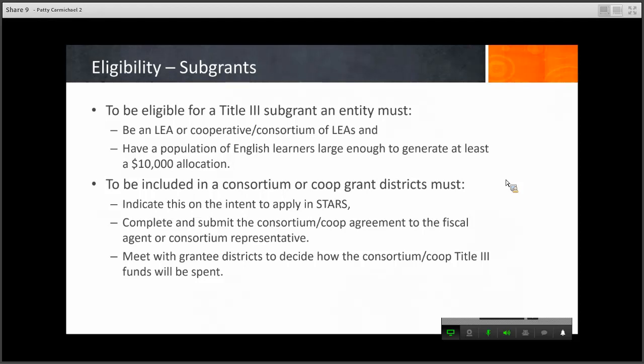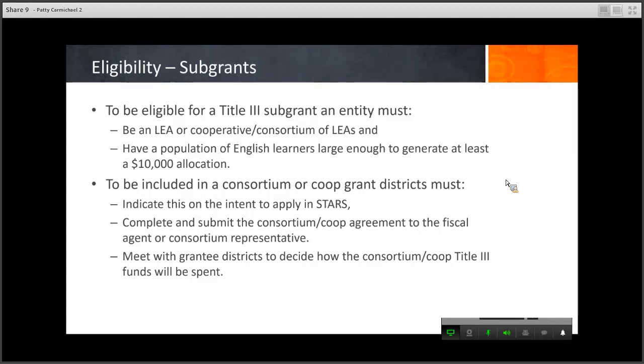Another step in that process is to have an agreement between your district and the consortium fiscal agent or consortium representative. That agreement gets signed by the authorized representative of your district, as well as the fiscal agent, authorized representative, or consortium representative. Then those are all sent to the consortium, who in turn sends them to us.